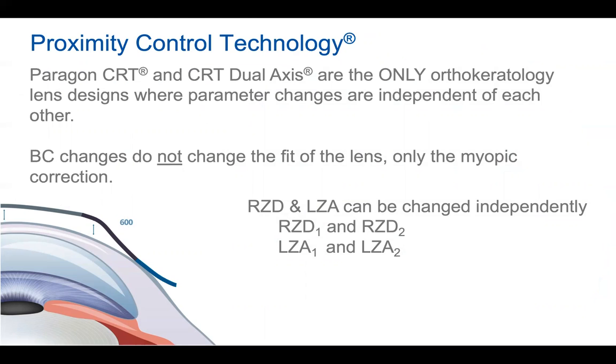Our RZD is a sigmoid curve and can be changed independently from the base curve or other curves of the lens. Lastly, we have a landing zone angle, and this also can be changed independently. In addition, you can have two parameters customized in a 90-degree meridian, so you can have an RZD1 and an RZD2, or an LZA1 and an LZA2.